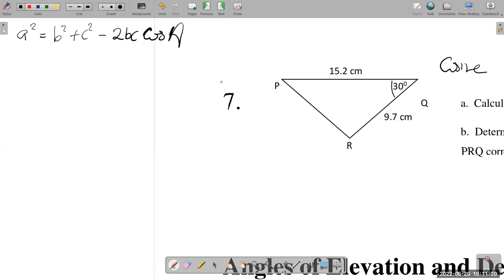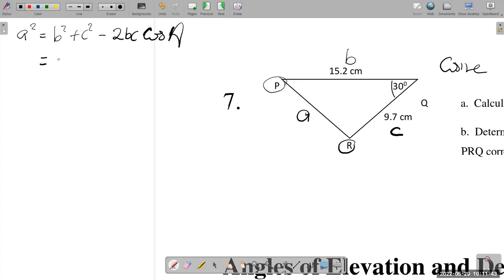No, they ask us to find PR. And if this is what we call angle A, which is the cos A, this really represents what letter? This wouldn't be A. So we use the right formula. Any one of these could be B and any one could be C. Let's say this is B and this is C. People with calculators, let's go. This is not hard, it's just a lot of work.